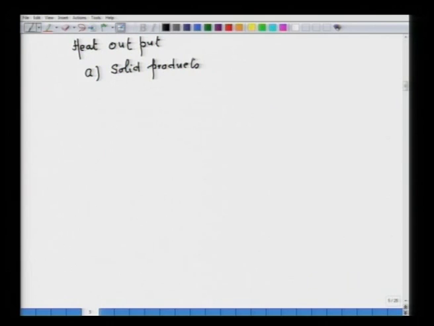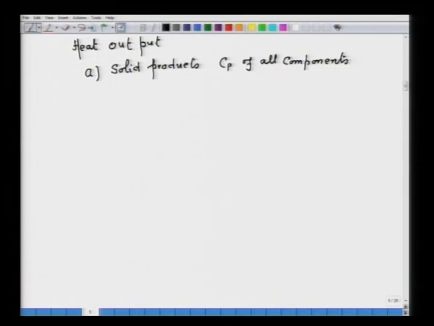For solid products, you must know the Cp of all components. And here also, because they are solid, if there is a phase transformation in the solid in that temperature range, then it is also important to know the latent heats.